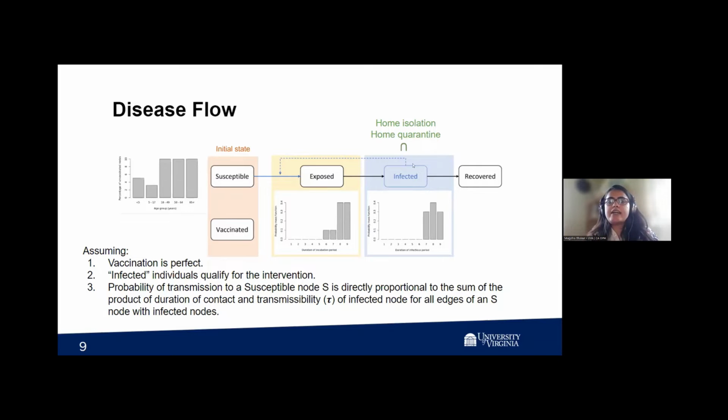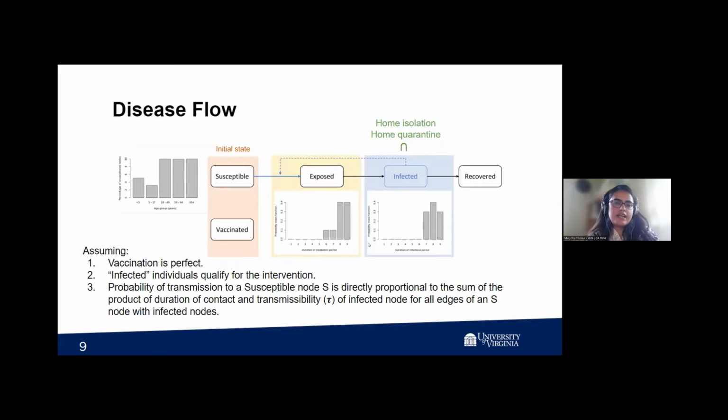Anytime a node is infected, there is a compliance rate by which that infected person, around 3 to 4 days of being infected, so that's when the measles rash comes in, and that's when we set a compliance rate, and that node can isolate. And for quarantine, we look at the nodes that are household contacts of the isolating individual.